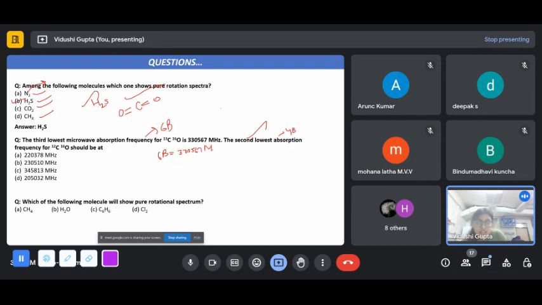You know a relation that B is inversely proportional to the reduced mass.